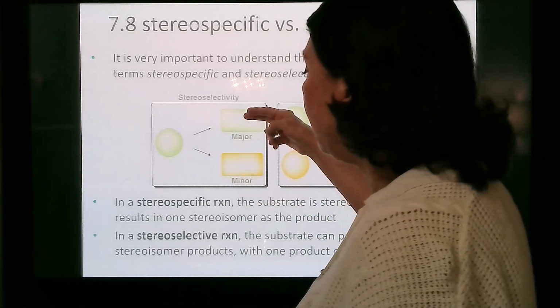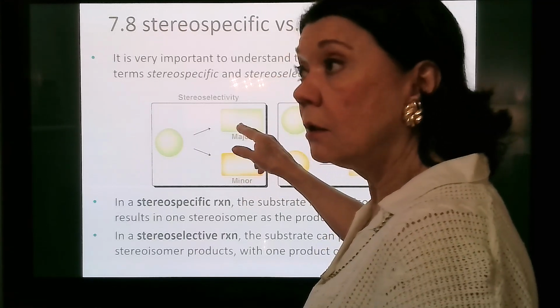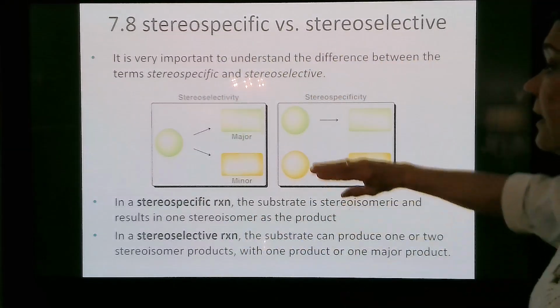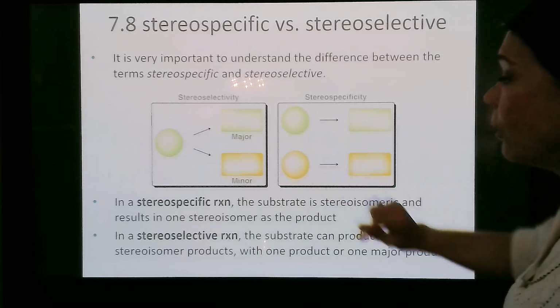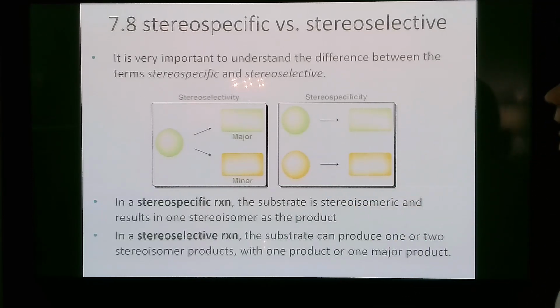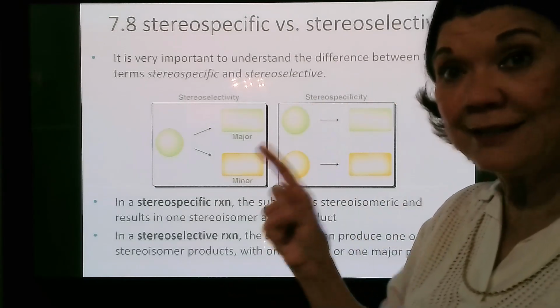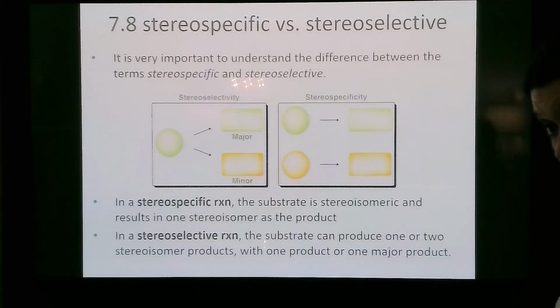Here it doesn't have to be major and minor. It can be one leads only to one. But if you don't have the other one leading to the other one, if you can't demonstrate that you have a pair of reactants leading to a pair of products, it's not stereospecific. Remember what I told you about the P? The P is for pair. And so we're going to see other examples of this.